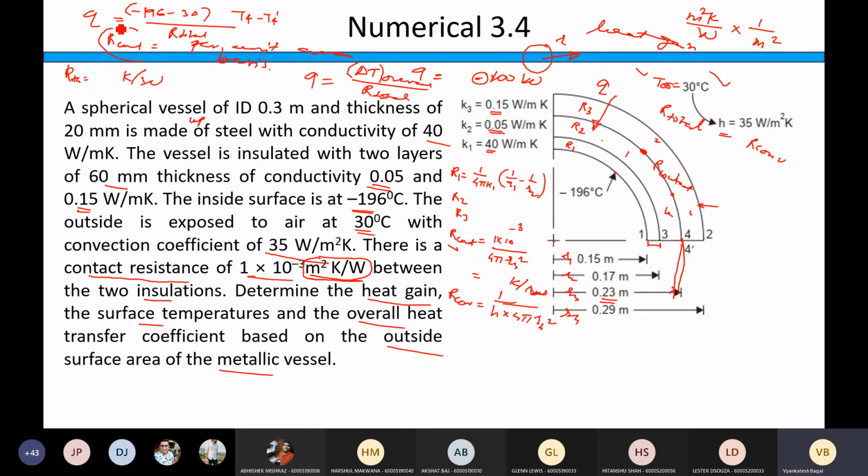Okay, tell me what is R total you are getting now? 2.947. So R total is 2.947 Kelvin per watt, right? And find out Q. What is Q now? It is minus.